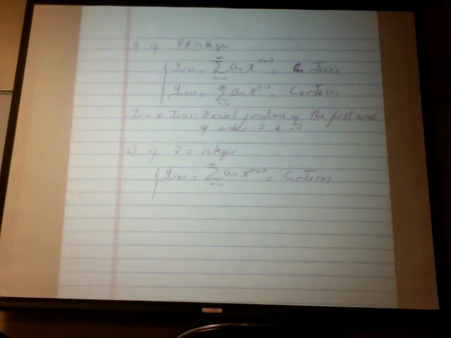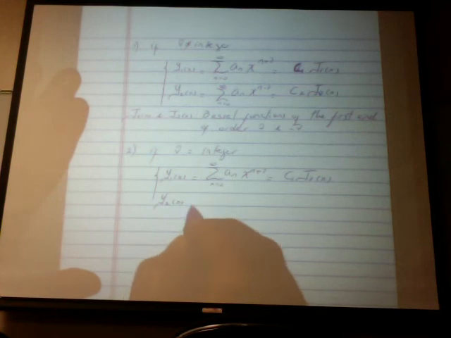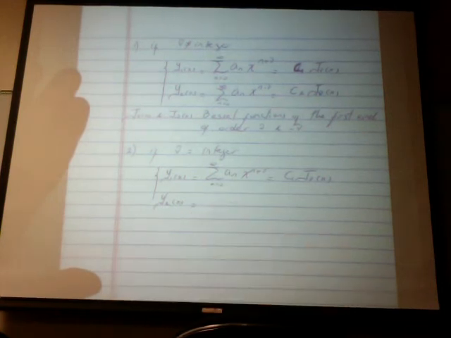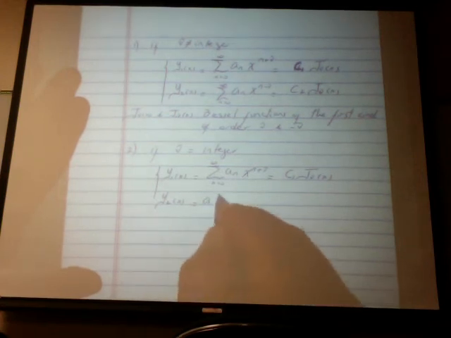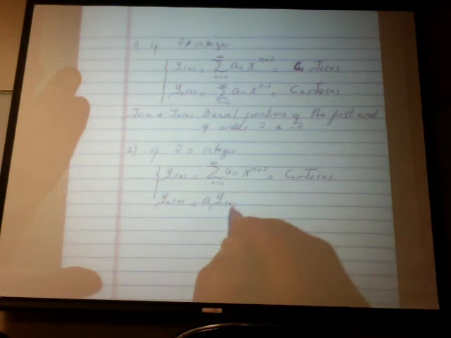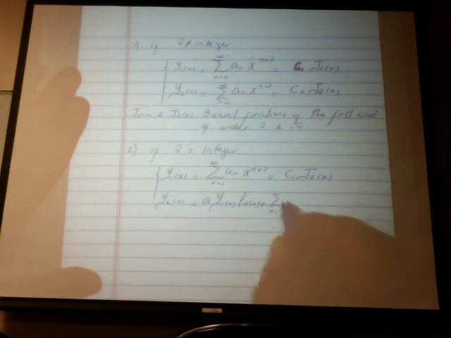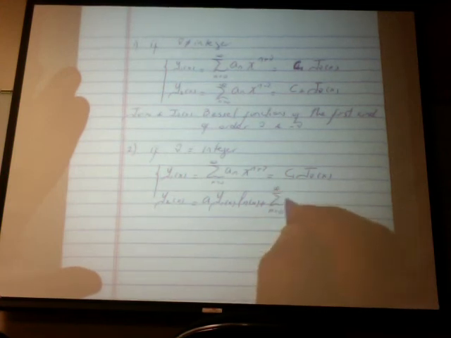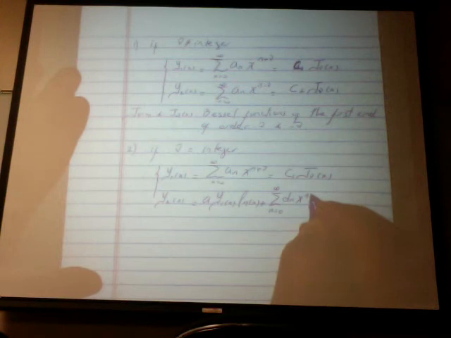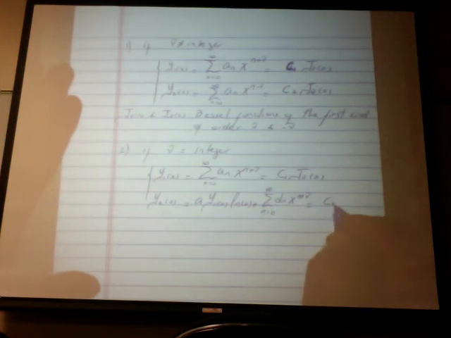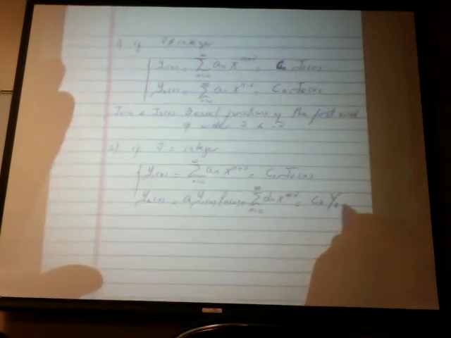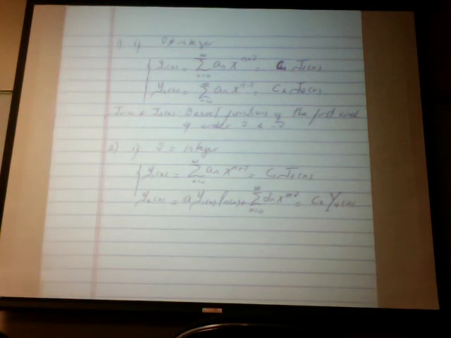Bessel function of the first kind of order nu, and y2 of x is equal to a times y1 of x times the log of x plus the summation from n equals 0 to infinity of dn x to the n plus nu, and that happens to be c2 times Y nu of x.